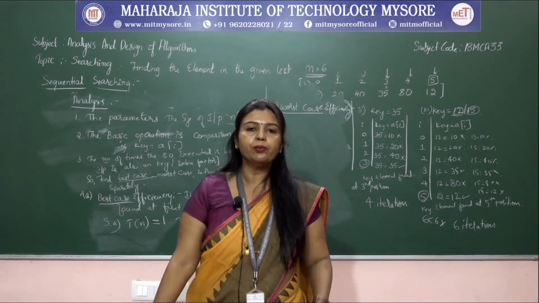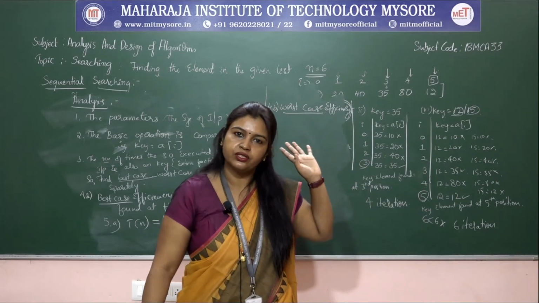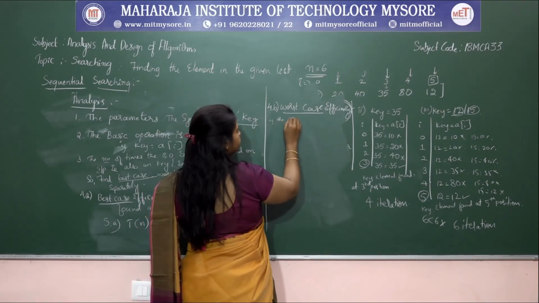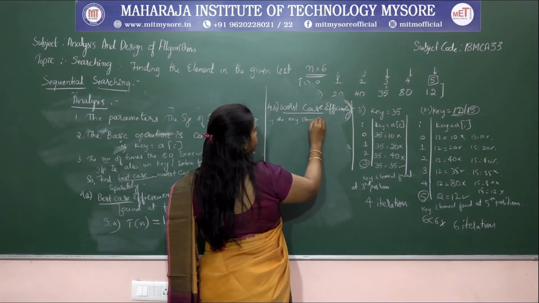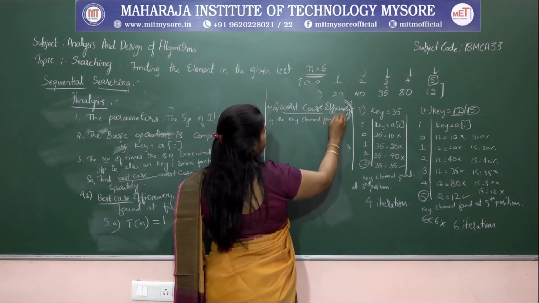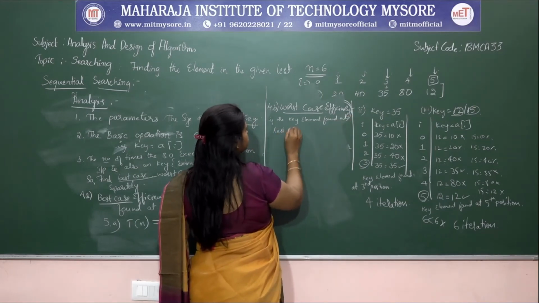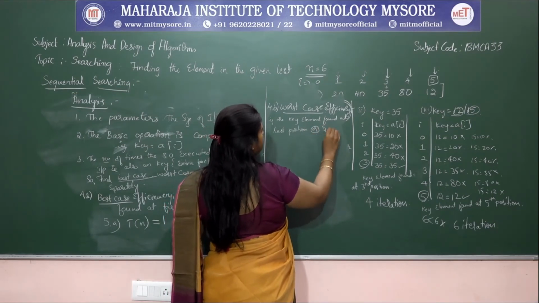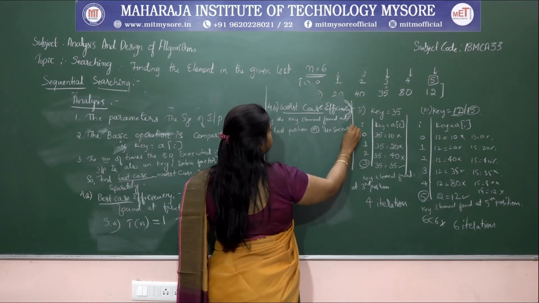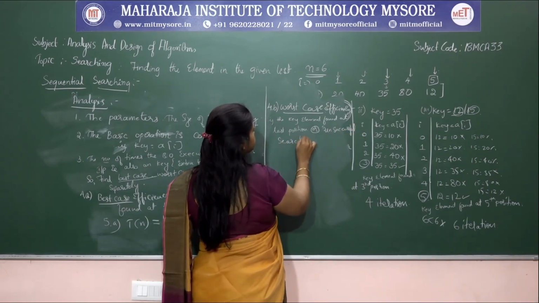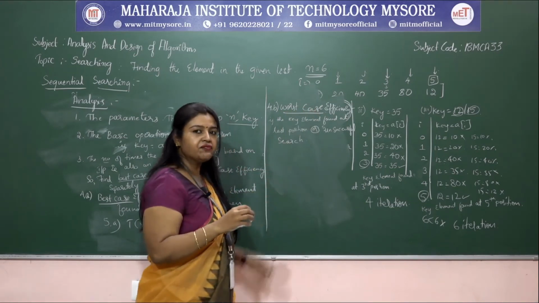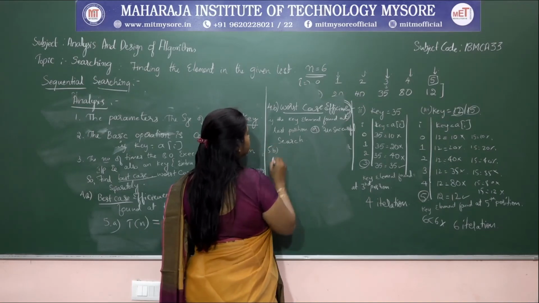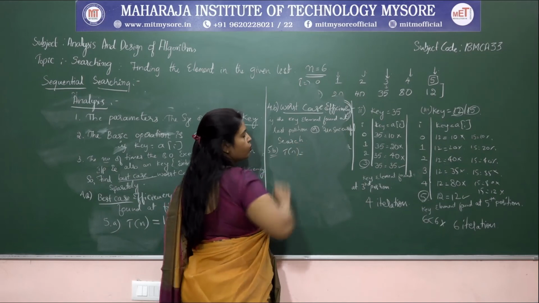How many times will your basic operation be performed for all the given inputs? So the worst case will be if the key element is found at the last position or an unsuccessful search takes place, then it is called the worst case efficiency of the algorithm. Therefore, what is the time efficiency then?